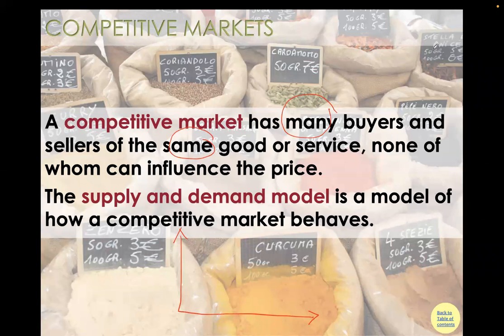Competitive market. This is what we're going to focus on, right? The supply and demand model is going to be the focus of this lecture. It is going to model how a competitive market behaves. Remember, there are two sides in the market: you have a buyer and a seller.